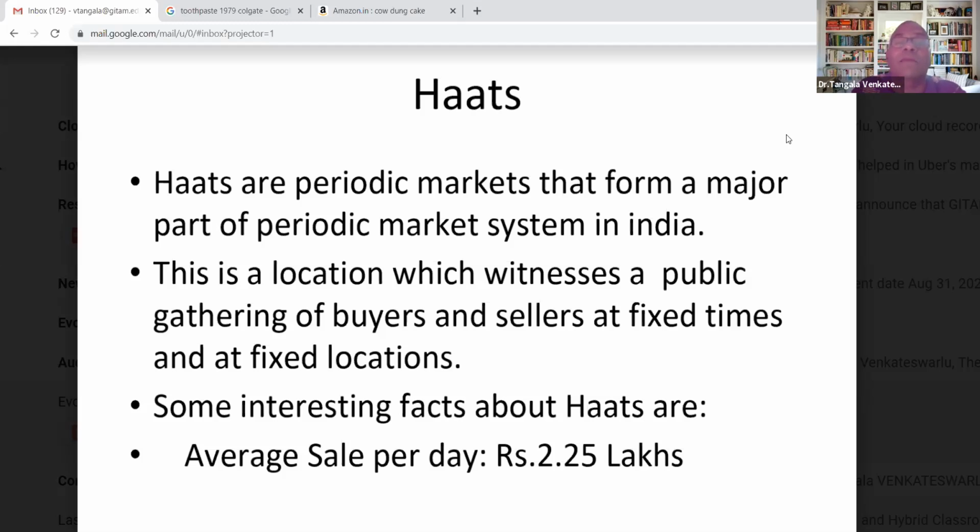So hearths are nothing but what are called periodic markets. They are also part of the major market system, so we cannot underestimate anything. Sometimes we may see very small packs sold in hearths, where you can see a person just putting a mat and dumping 5-6 products on the mat and selling them to customers.